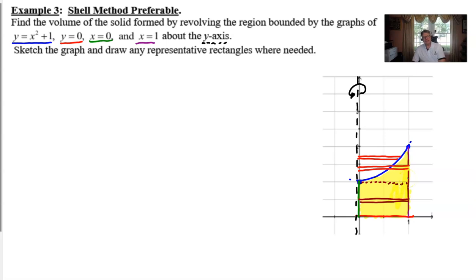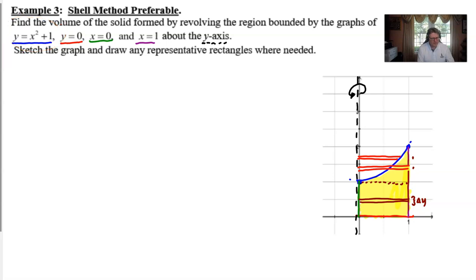So if we wanted to set this up with the disc and washer, we'd have to use two integrals. Furthermore, the thickness of each of these rectangles is a change in y, which means we have to write our functions in terms of y, which means we'd have to get an x by itself, and that's even more laborious work, right?